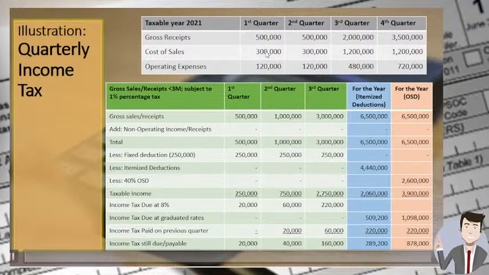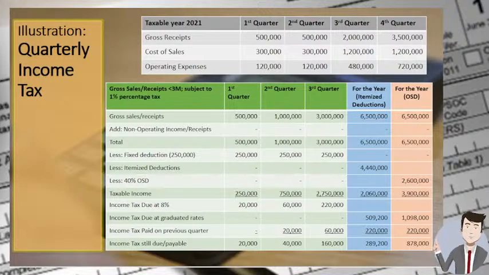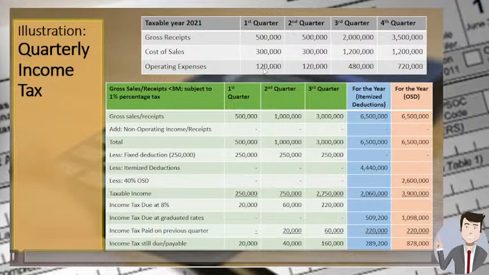So 300,000 plus first quarter, 300,000 plus 120,000 plus 300,000 plus 120,000 plus 1.2 million plus 480,000 plus 1.2 million plus 720,000. That gives us 4,440,000 for itemized deduction.